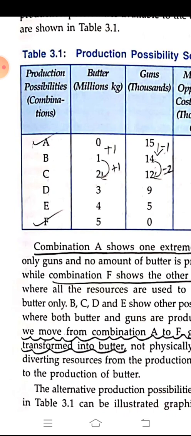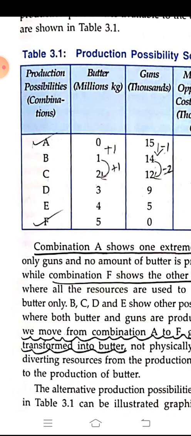That means the gun got decreased by 1 unit and here it came to butter, right? So we have decreased 1 point. That 1 point is denoted here as the marginal opportunity cost of butter. Okay, next again you see combination C is saying 2 million kg butter, and what is the gun here? They are saying 12,000 guns.